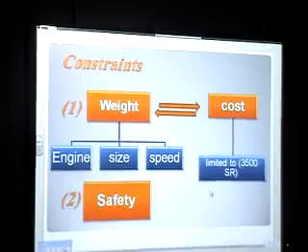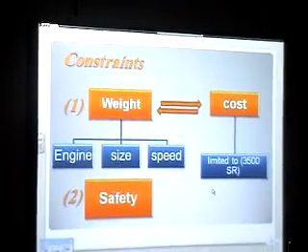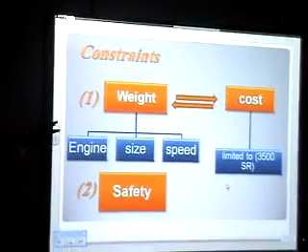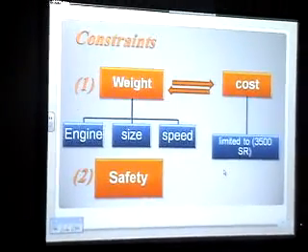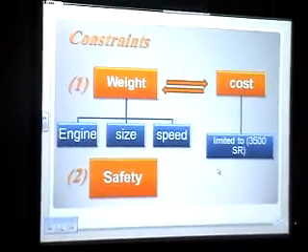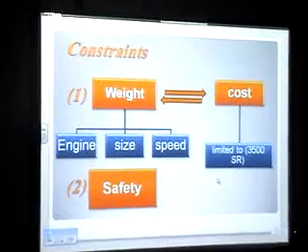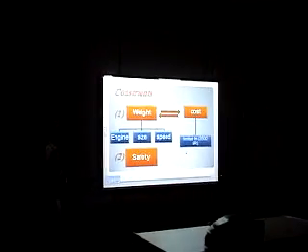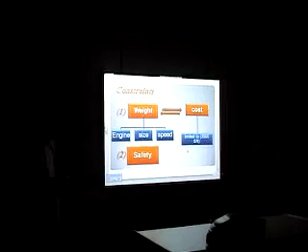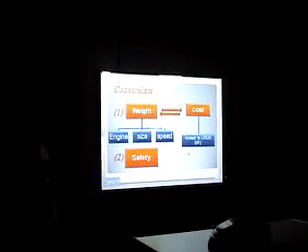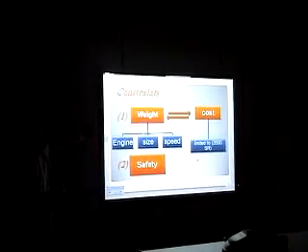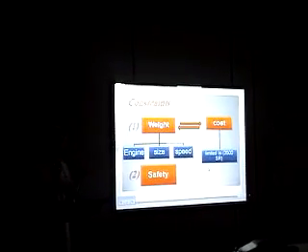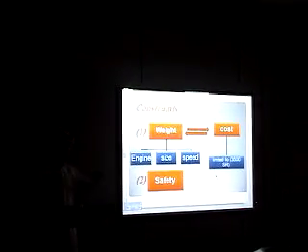We have two important constraints: weight and safety. The weight has an important dependency on the cost. We are limited to 3,500 riyals, so the weight must not exceed 70 kilograms, so that the weight will depend on the engine horsepower and the size of the hoverboard.